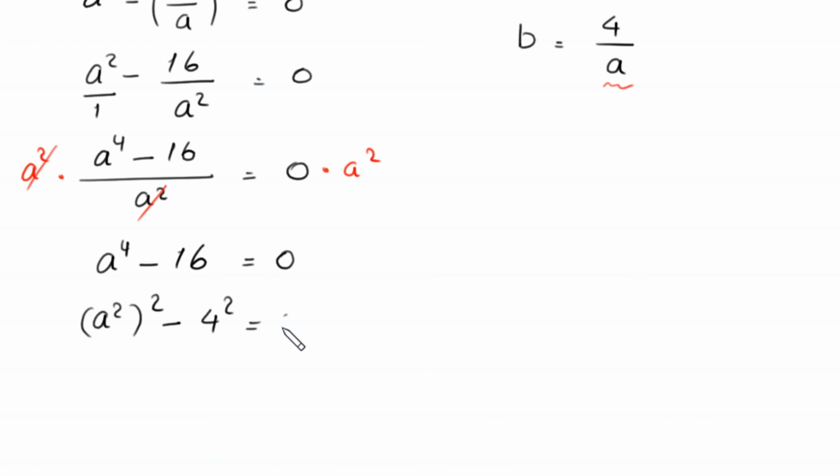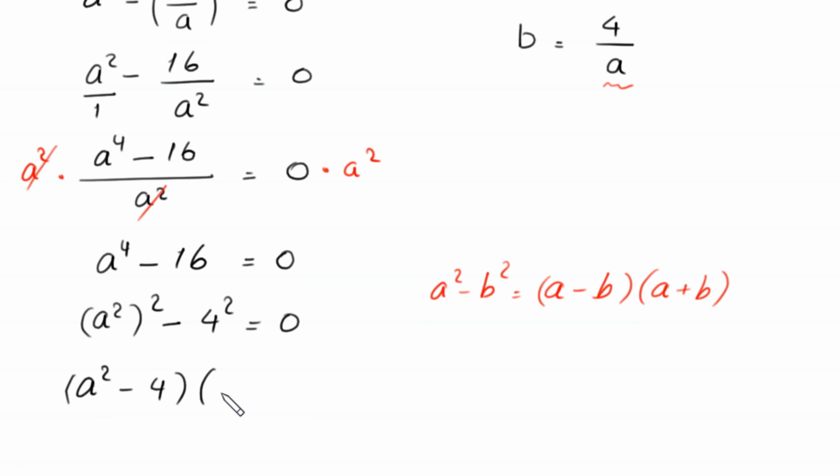is equal to 0. Now by using this algebraic identity, a squared minus b squared is equal to (a minus b) times (a plus b), this (a squared) whole squared minus 4 squared will become (a squared minus 4) times (a squared plus 4) is equal to 0.